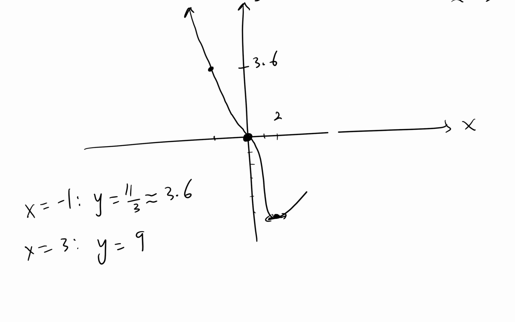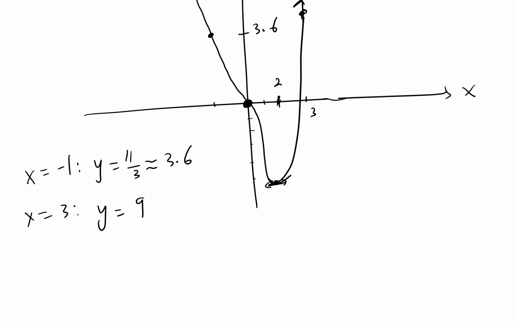We need to make this skinnier. So 3 and 9, say here, and so on and so forth. So this is the sketch, just a sketch, not a perfect graph.